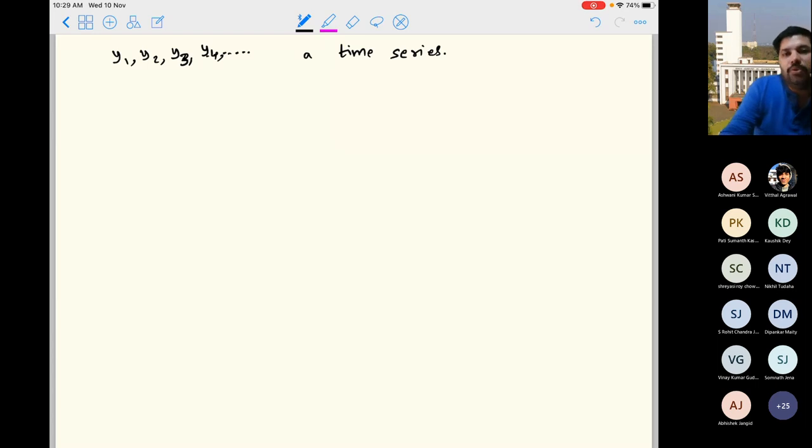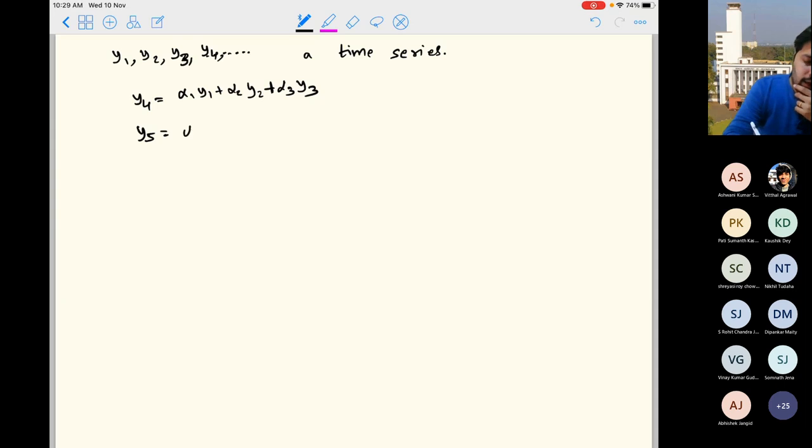Suppose the time series is such that it has an auto-regressive nature. What is the auto-regressive nature of the time series? Basically, suppose y4 can be written as a linear combination of the previous three instances. So y4 I can write down as alpha 1 y1 plus alpha 2 y2 plus alpha 3 y3. Okay, this is what I can write down.